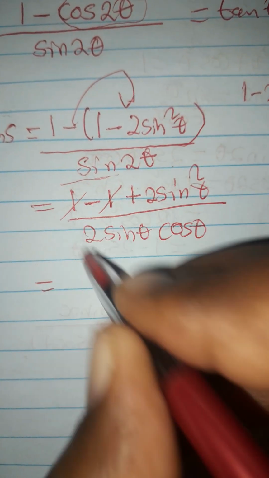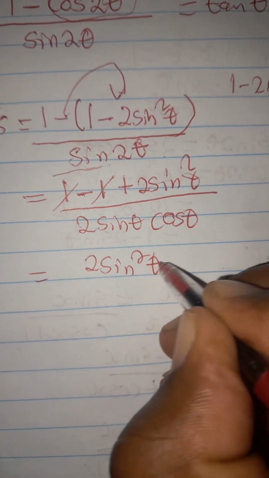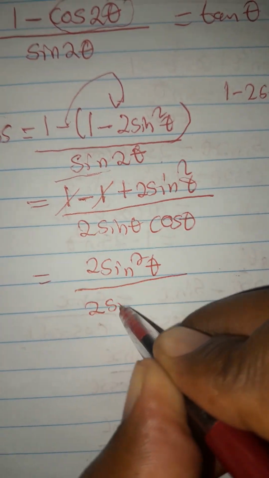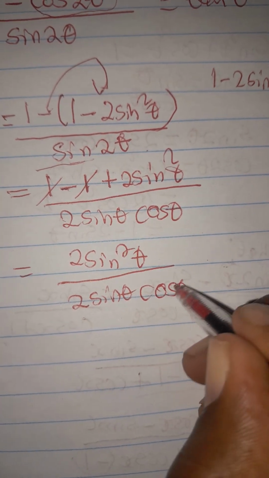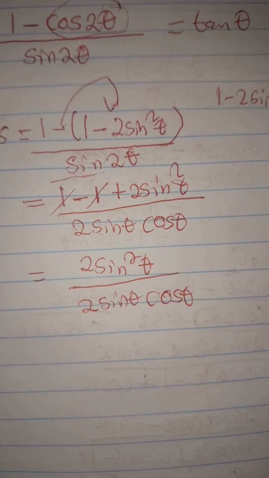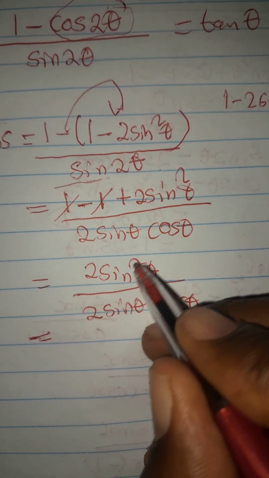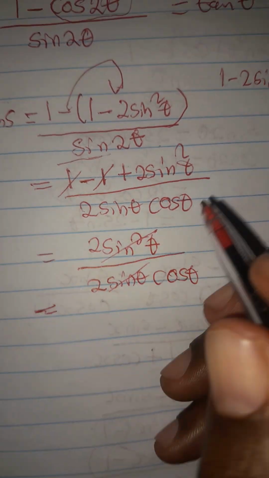What is happening? This 1 minus 1 are like terms, so we are left with 0. So we are left with 2 sine squared theta, divided by 2 sine theta multiplied by cos theta. We can see that we can cancel the common factors.